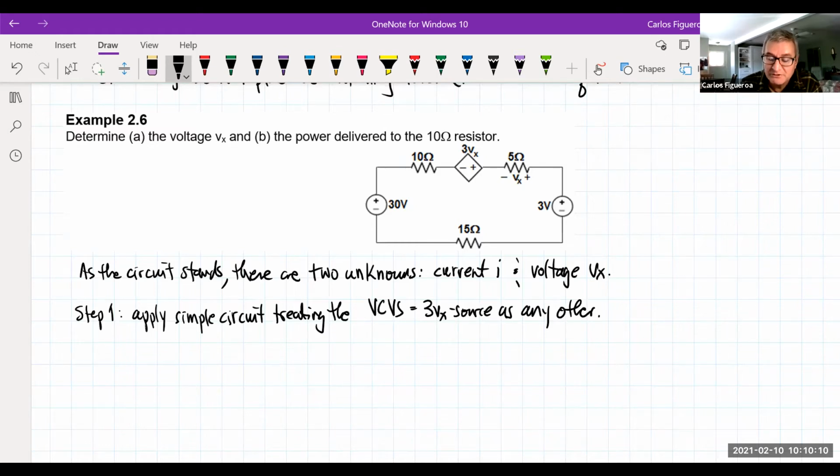And typically a good choice of the direction is to think of what you think the current is going to flow here. So the way I'm going to look at this is that look at that Vx here. See how that has a polarity of plus minus. So I'm going to assume that that is the direction of the current. So that means that the path I'm going to take as I apply KVL is in this direction.